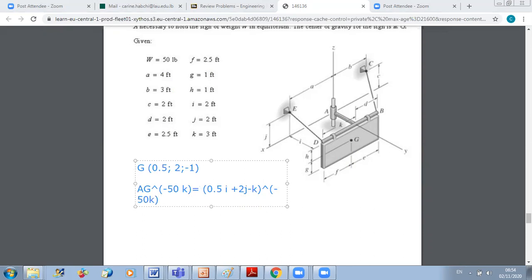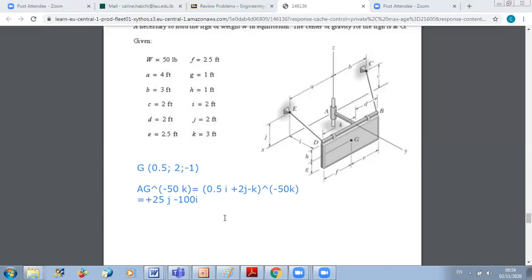If you do the expansion, you have first i vectorial k, it's minus j, and you have already a minus, so plus, so equal to plus 25j. Now j vectorial k is plus i, and you have a minus, so it's minus 100i, and k vectorial k is 0.